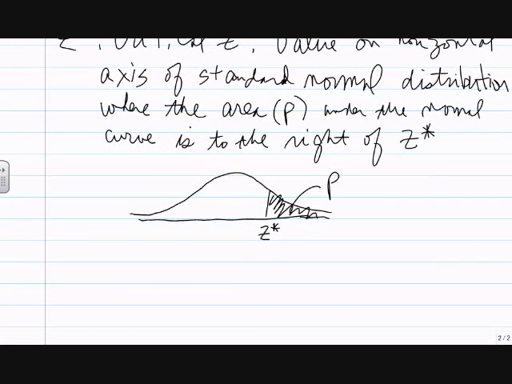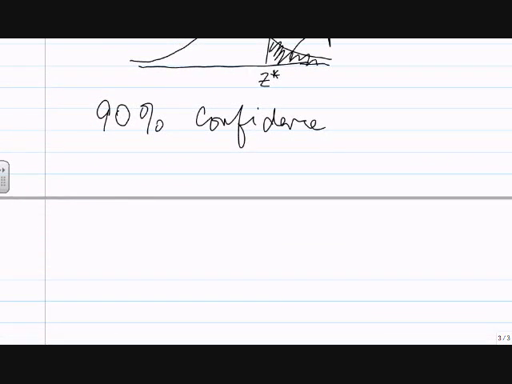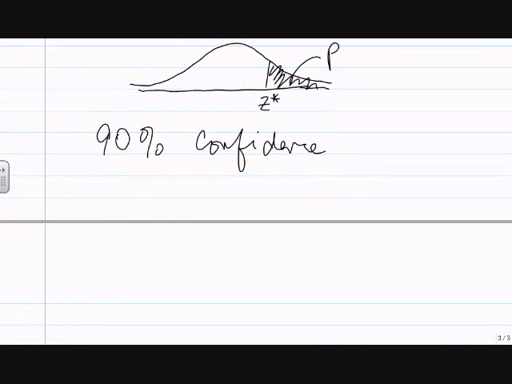So let me show you how we'll use this with confidence intervals. Let's do 90% confidence. We haven't done this. So let's think of what the normal curve associated with that one is. If I'm 90% confident, I've got 90% of the area in the middle.